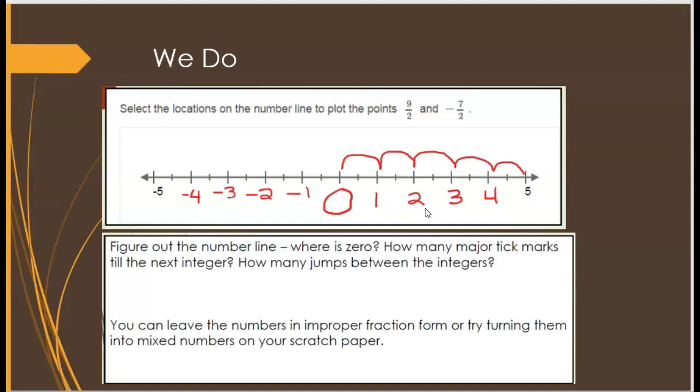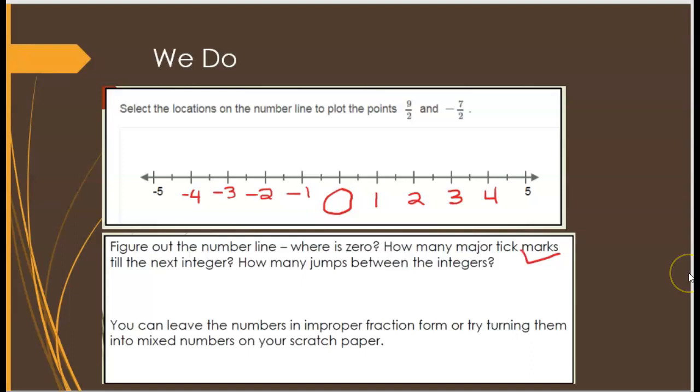Okay, so now we have our number line marked. So we did the first thing. We figured out our tick marks.